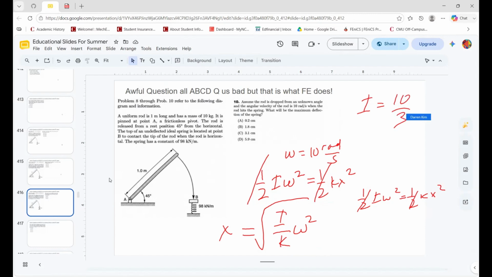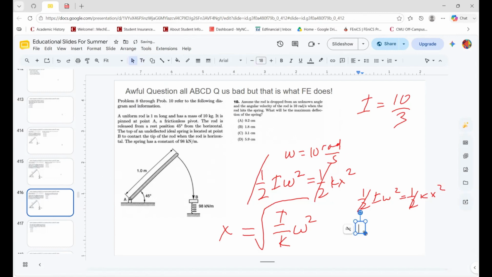I'm going to assume it's 10 over 3 because that's what I remember. 10 over 3 and then divided by k, which is 98, which is then multiplied by 10 squared, and then it's square rooted. I get 1.8442, so I'm going to assume it's B and move on. I think that was a good answer.